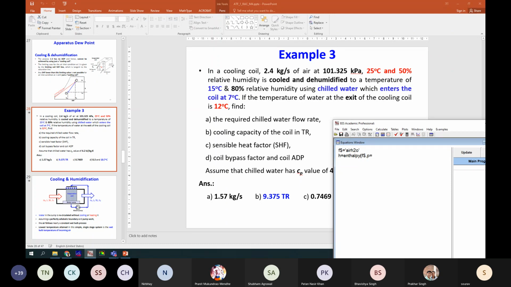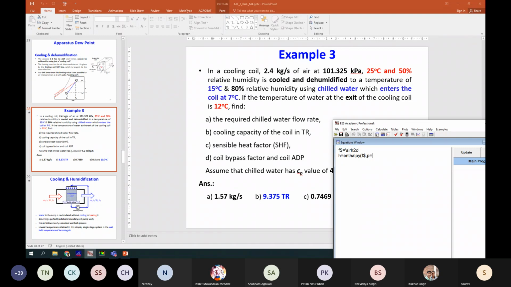Pressure you will have to give. So now in case of EES, you always have to give all the three properties. While drawing the chart, we have assumed that the atmospheric pressure is constant, but the EES code is written for variable atmospheric pressure also. So it includes all the information at lower and higher pressures.